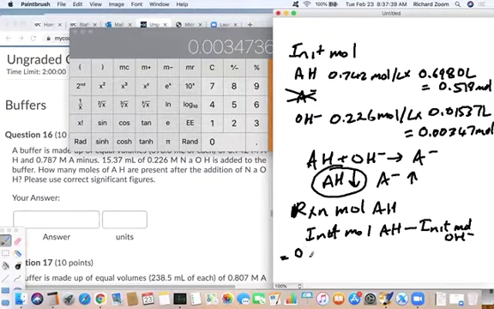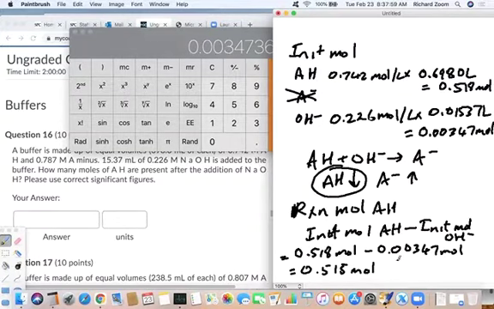Which is going to be 0.518 moles minus 0.00347. Now, when we take significant figures into account, this is going to end up being 0.515 moles for the AH.